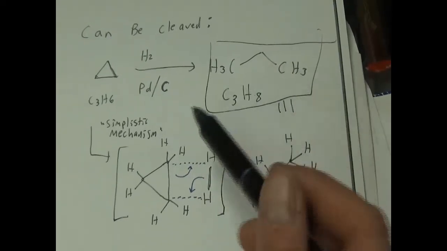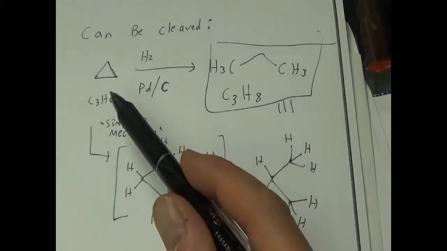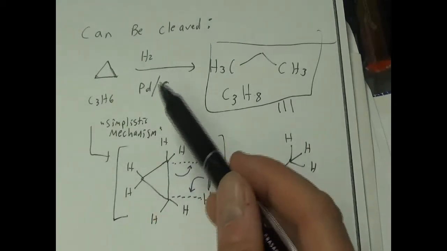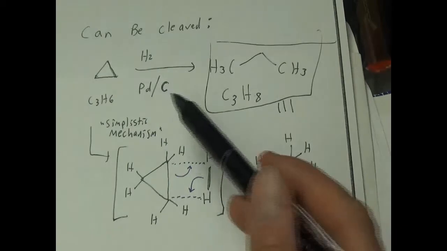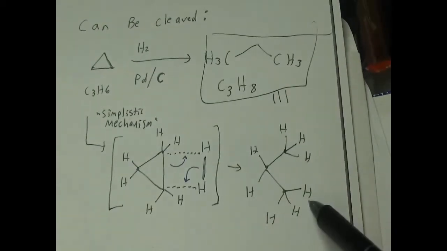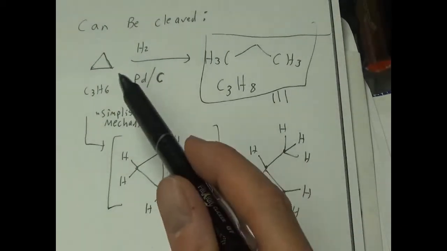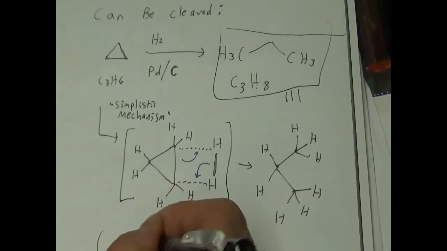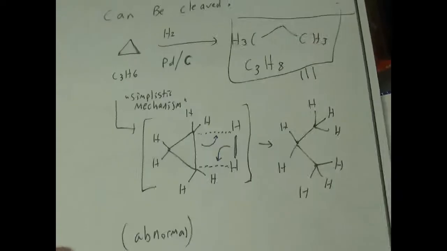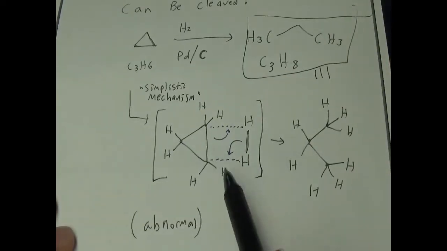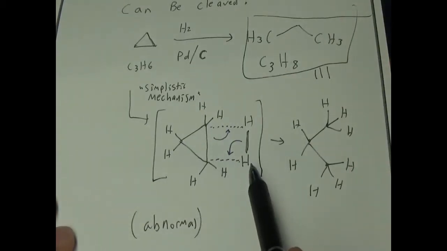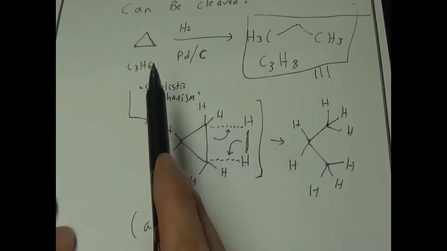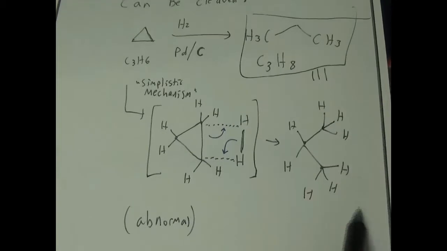Anyway, a very unstable molecule like cyclopropane gets cleaved in the presence of H2 and palladium on carbon to give you propane. The bond is very easy to cleave. I'm going to say this is abnormal right now: cleaving a normal C-C bond with H2 is very abnormal. You can only do it in this case because the bonds are so weak. Abnormal. Okay.